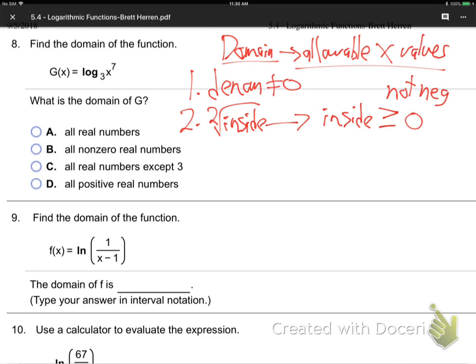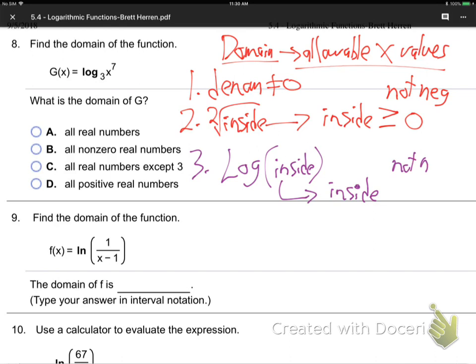Now, that's what you already know. Here comes the new one. When it comes to logs, this new thing we've made to be the inverse of exponentials, it turns out the inside of a log has certain requirements. The inside of a log has to be not negative, just like the inside of a root, but also not 0.